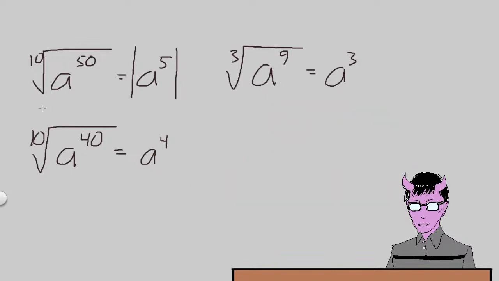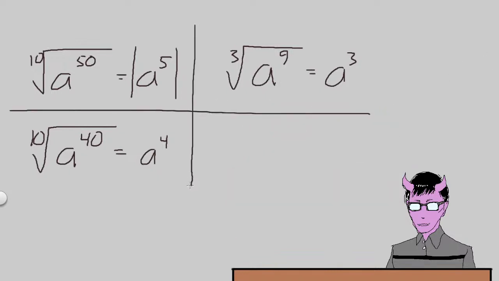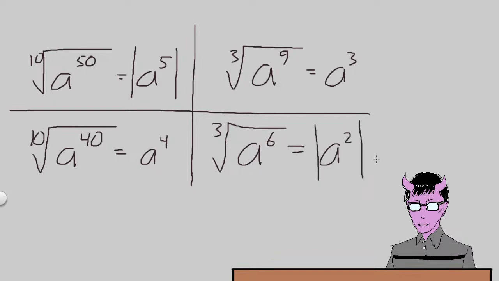And I think to cover the last of these 4 scenarios, what if you have odd, and then you had even right here? So how many 3's fit into the 6? 2 of them, so a to the power of 2. Do we need to put absolute value right here? No. Because if a had been negative, the negative sign will be obliterated by the exponent.